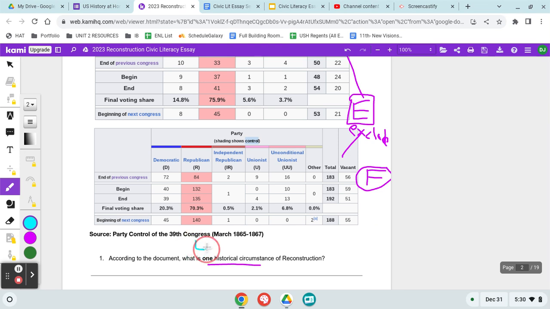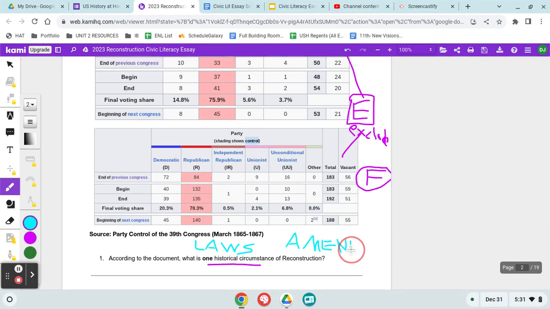I don't recommend writing long notes on your outside information, but Congress makes laws, and they also amend the Constitution, right? They propose amendments to the Constitution. So if I just look at this document and I'm thinking, okay, great, the Republicans controlled Congress in 1865 to 1867. Yes, that's true, but I can't write much with it.